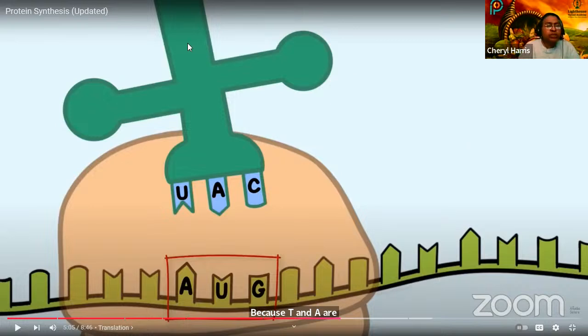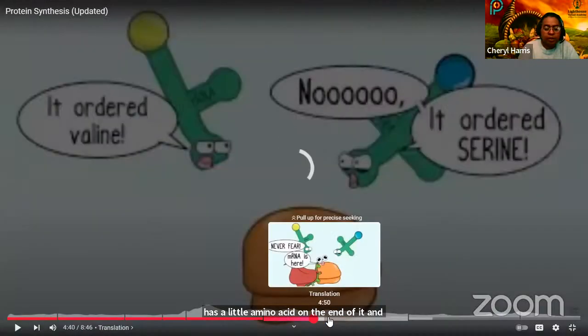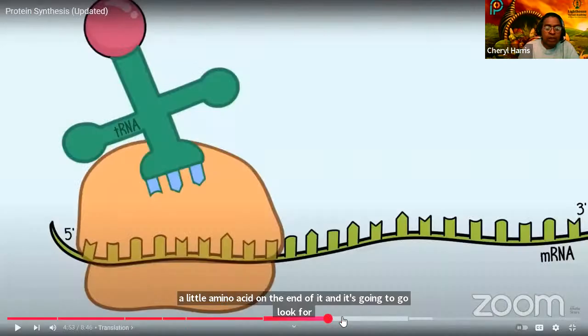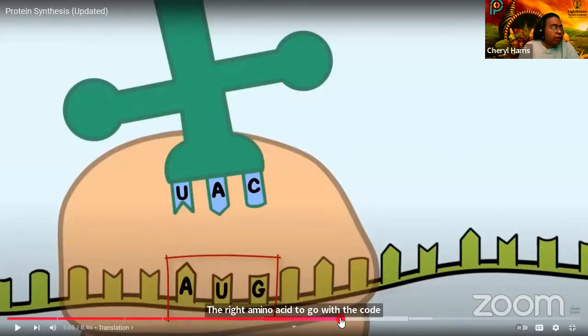Okay, so this transfer RNA has a little amino acid on the end of it, and it's going to go look for the right amino acid to go with the code that is being transcribed for. Now, one of the things that you were supposed to look at in the first worksheet is that AUG is a start codon.